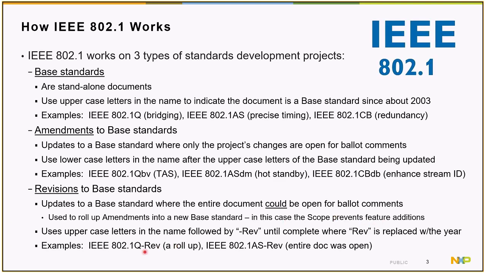It was basically just rolling up the existing standards, finding errors, making corrections, things like that. So the whole document was not open to be reinterpreted. Now the AS rev, the previous PTP standard, had the entire document open, and that was one of the reasons it took so long on that project. That's why 802.1 generally does not do revisions. We do them mainly for roll-ups.